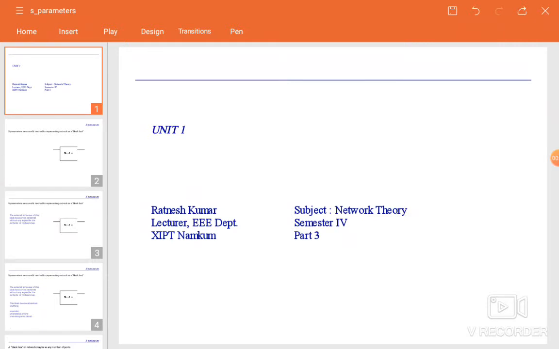We all want to understand and predict how a circuit works. So we want to be able to represent circuit behavior using a mathematical expression or equation. S stands for scattering, and scattering applies in linearity.